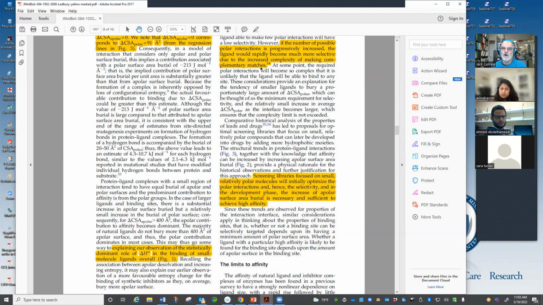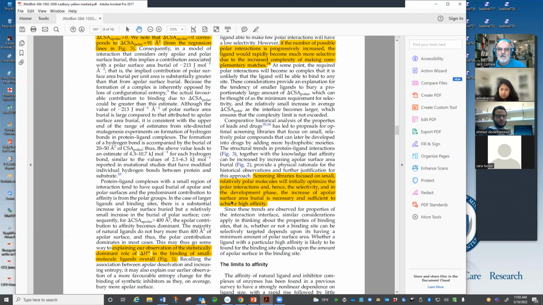And so they're arguing that increasing these polar interactions, increasing the selectivity, necessarily brings along baggage. It brings along other features that have to be introduced to deal with how difficult complementarity is. And they say down here below, screening libraries focused on small relatively polar molecules will initially optimize the polar interactions and the selectivity.